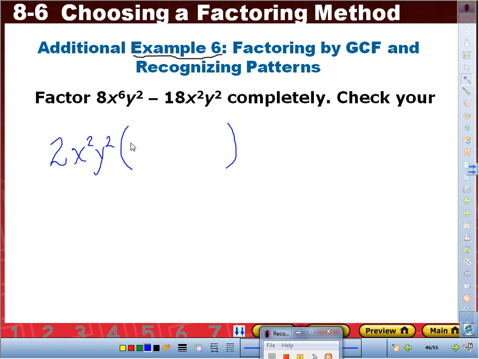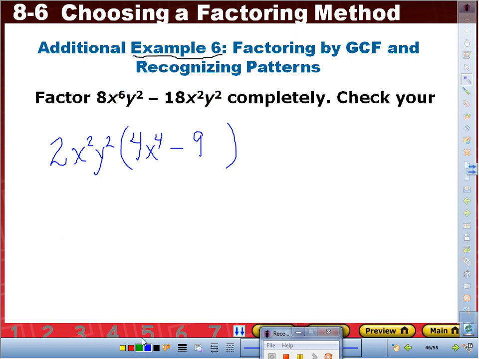So let's see. What is 8 divided by 2? 4. X to the 6 divided by x squared, that's x to the 4th. Y squared divided by y squared is 1, so that's gone. Minus 18 divided by 2 is 9, and x squared y squared divided by that is 1. So, step 1, GCF.